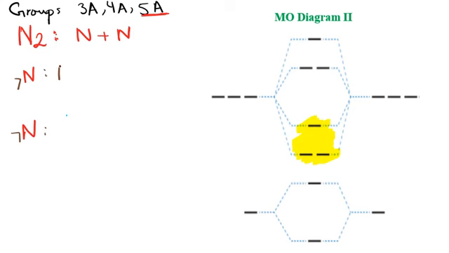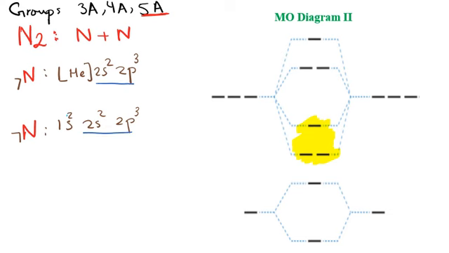So let me write like this: He, 2s2, 2p3, or you may say 1s2, 2s2, 2p3. I want to say that you may write any method for electron configuration, and we are going to focus on the last shell. We call them the valence shell and valence electrons, so we can easily remove the inner shells.